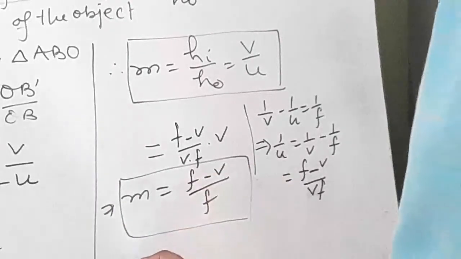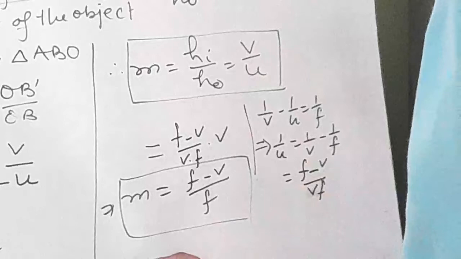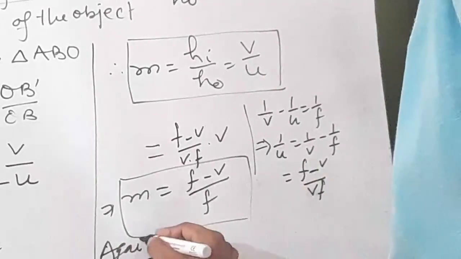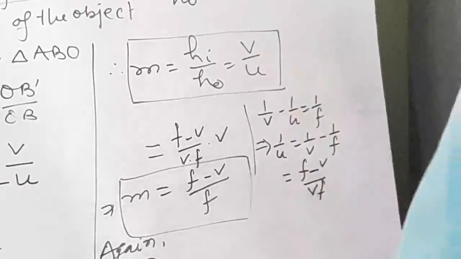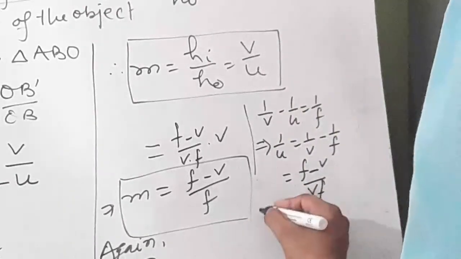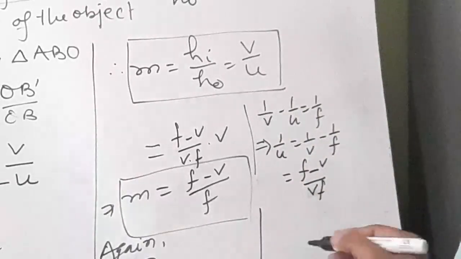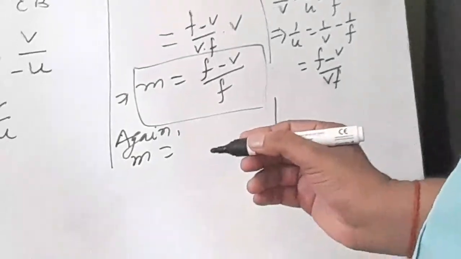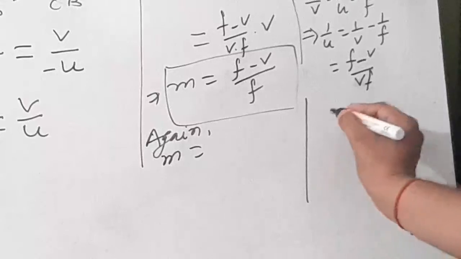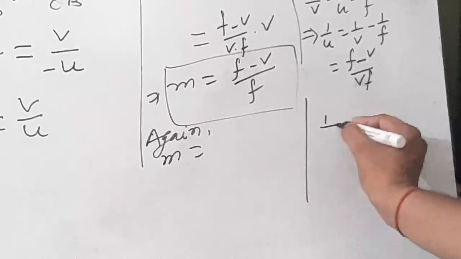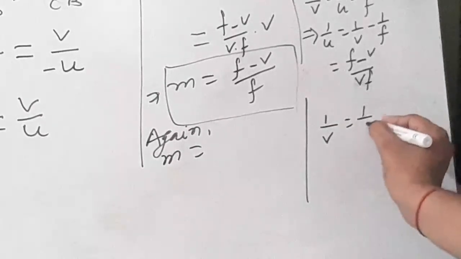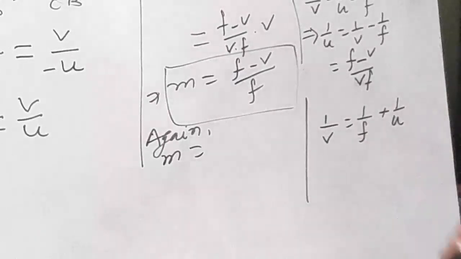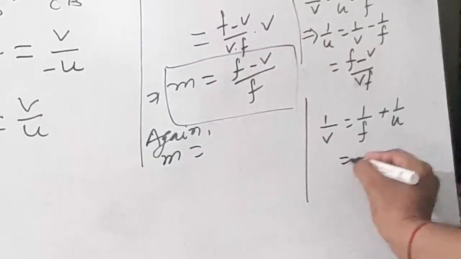Again, you can write m is equal to v by u. So if you will use 1 by v is equal to 1 by f plus 1 by u, what will you get?